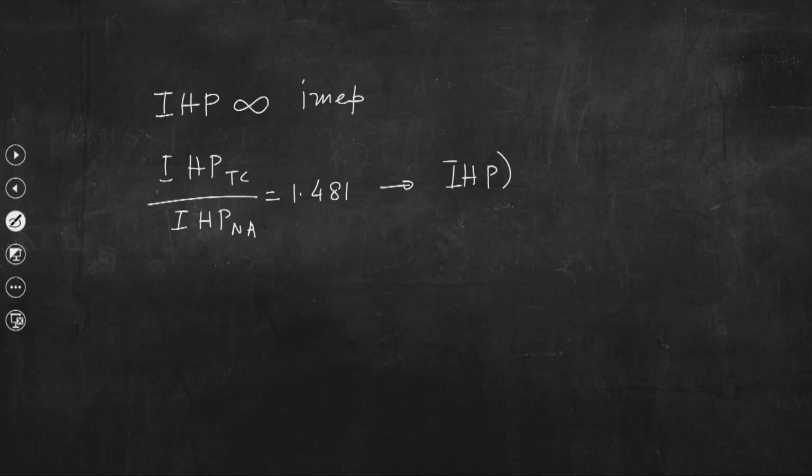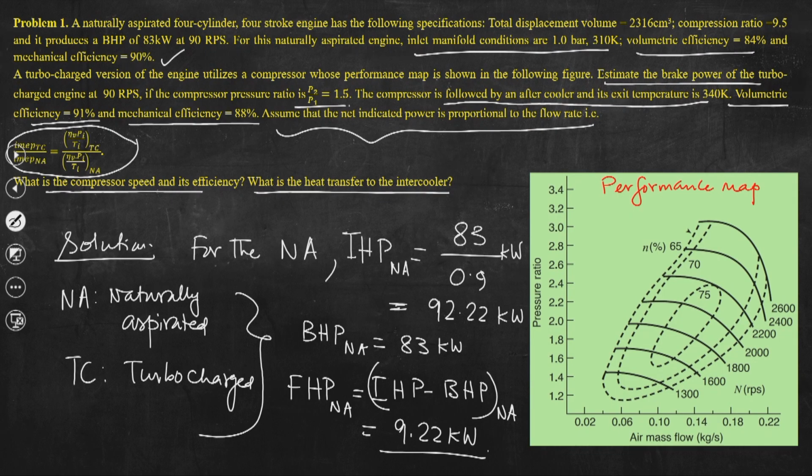From there we can calculate the indicated horsepower for the turbocharged engine, that is 1.481 into, if we go to the previous slide, we have already calculated the indicated horsepower for the naturally aspirated engine, that is 92.22 kilowatt.